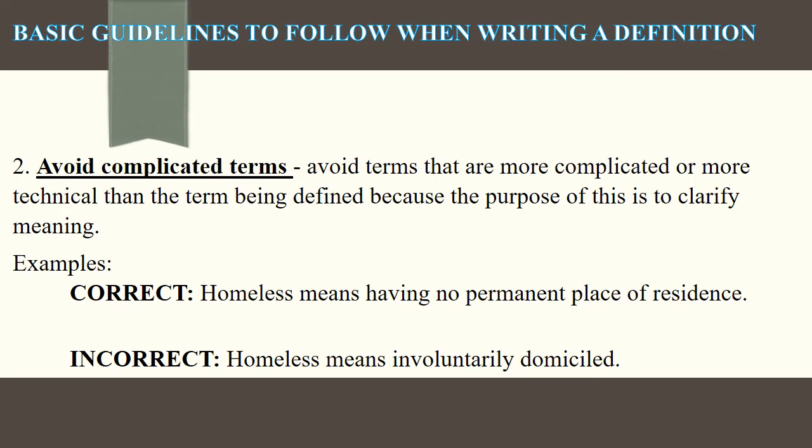So the correct and easiest way to define homeless is this one: homeless means having no permanent place of residence. We can easily understand that homeless means having no permanent place of residence.